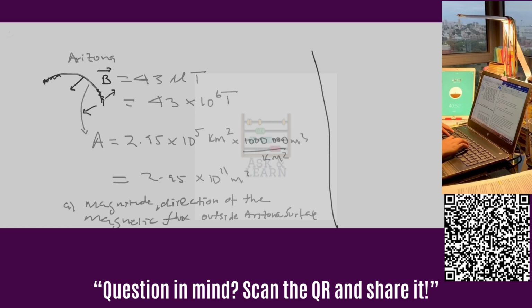So the first thing we're going to do is to find the flux through Arizona. So that's B times the area itself. But then remember, through Arizona, the flux is negative since we're given that the magnetic field is pointing downward.